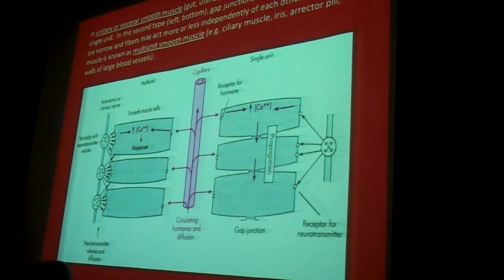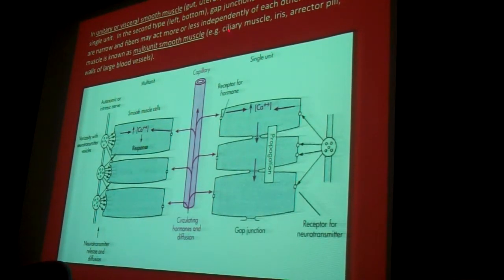The important idea for this is just to realize that some types of tissues have those gap junctions so that you can get rhythmic contractions, where all the muscles can work together. That would be things like in the heart, in the intestines, in the uterus. You'll have these kinds of contractions through junctions so that they can stimulate each other and you get rhythmic contractions.